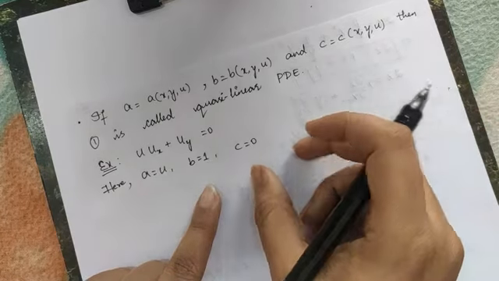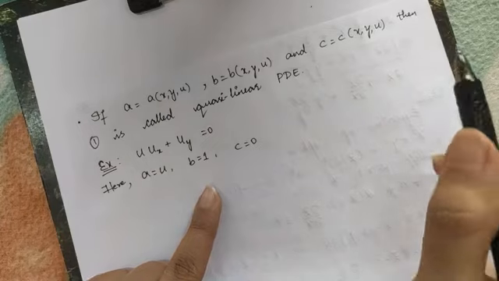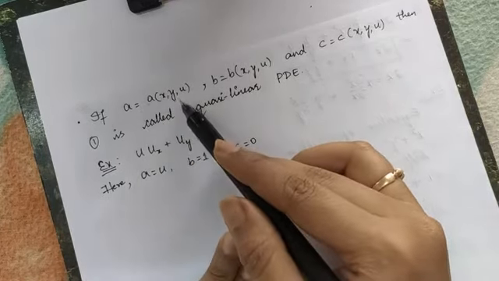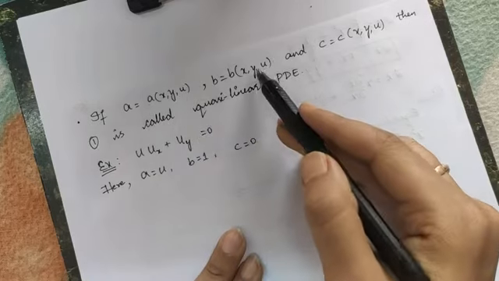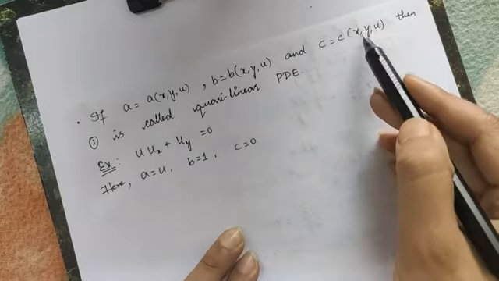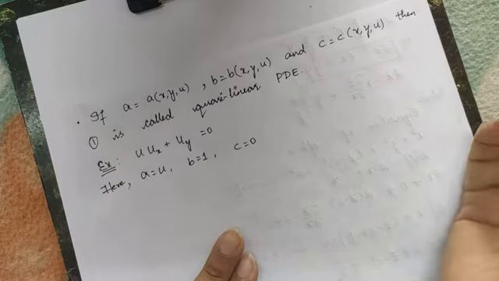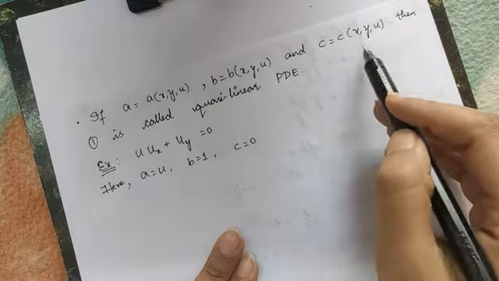This is nothing but your quasi-linear PDE. As I mentioned, A should be a function of x, y, u, B a function of x, y, u and C a function of x, y, u. It may be a constant function or it may consist of these variables.